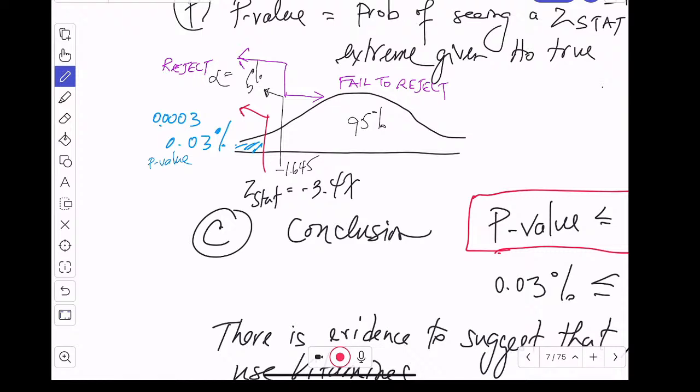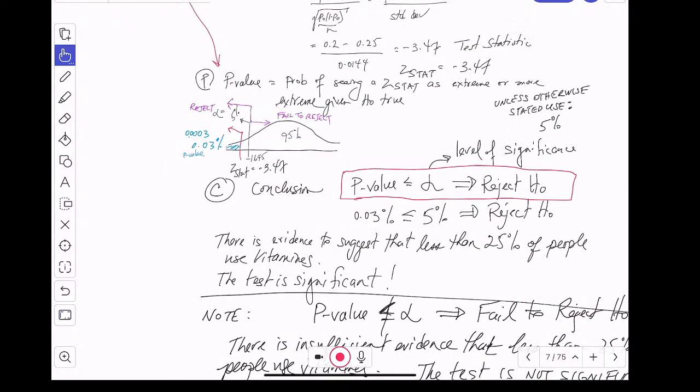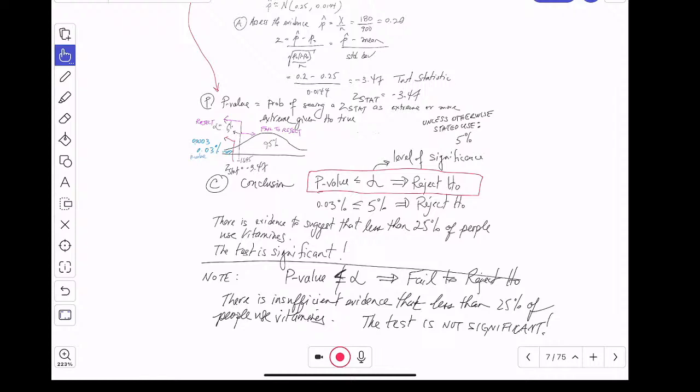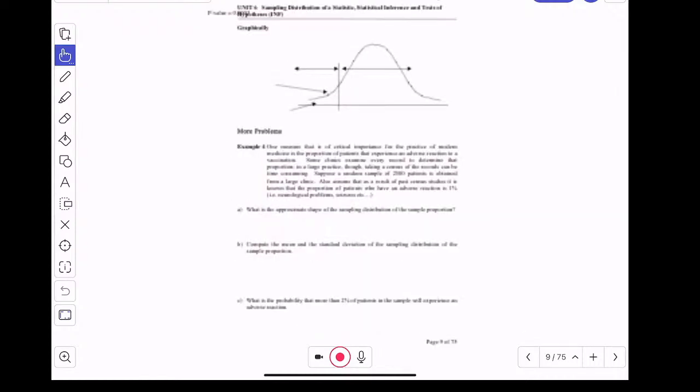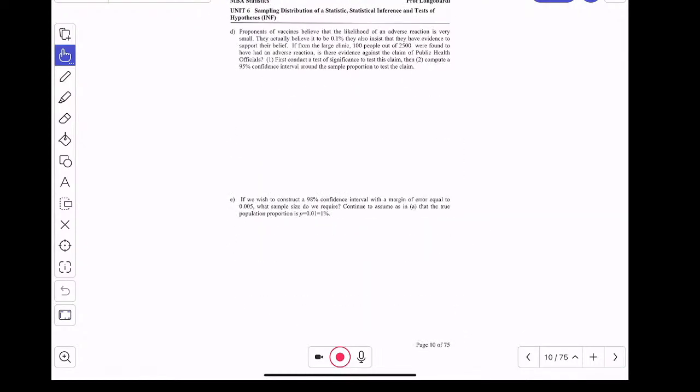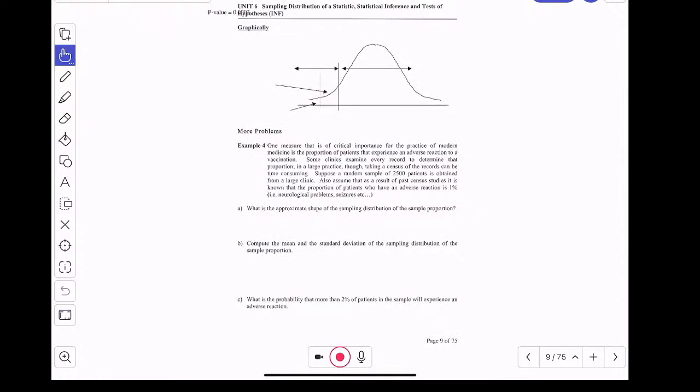Okay, let's see what else we have. Okay, I give an exercise here about vaccines.